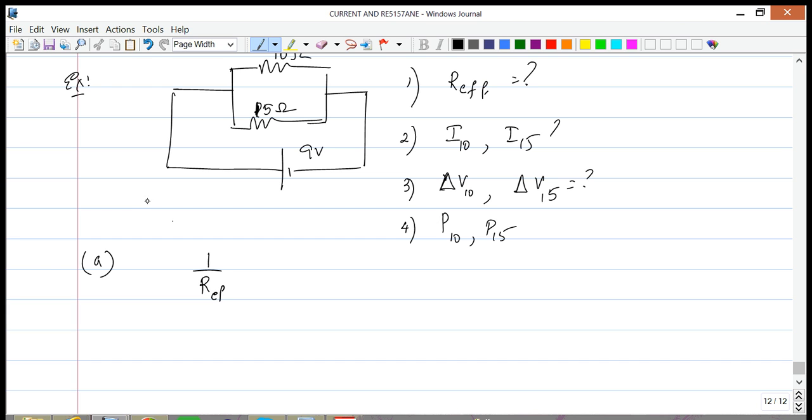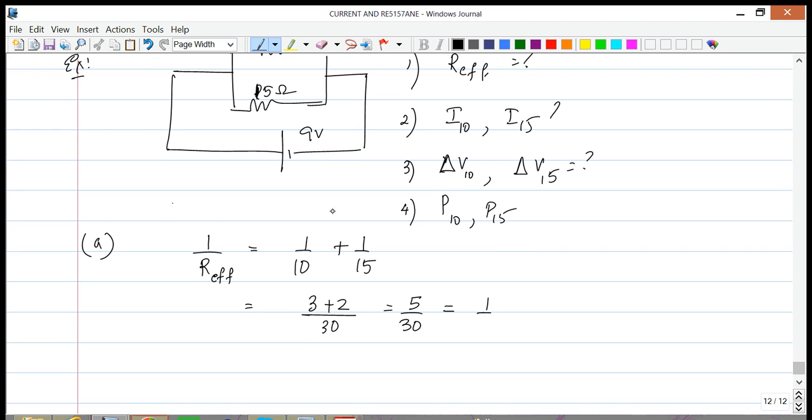Part A, let us figure out the effective resistance. We know that these are connected in parallel, so 1 over R effective is going to be equal to 1 over 10 plus 1 over 15. Here we can do the arithmetic very easily. The least common multiple happens to be 30, and I get 3 plus 2, which gives me 5 over 30, which is equal to 1 over 6.